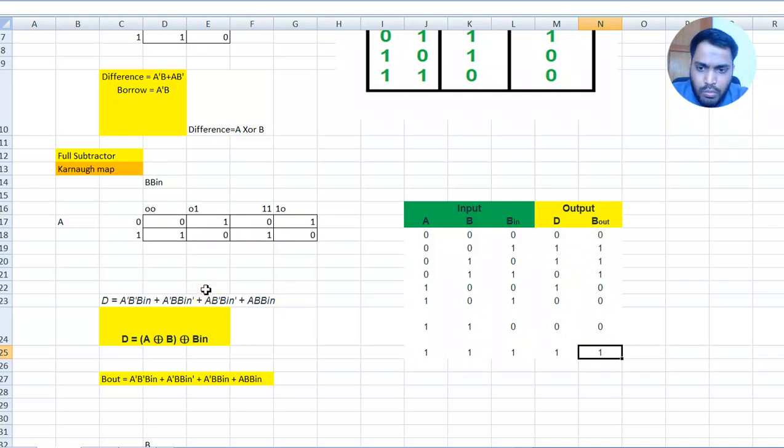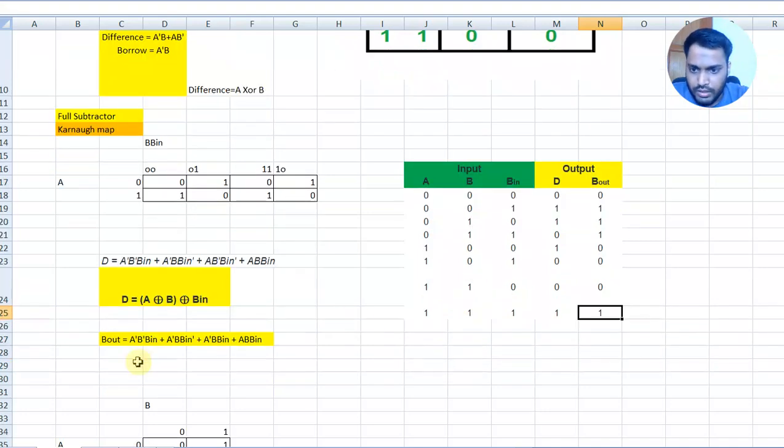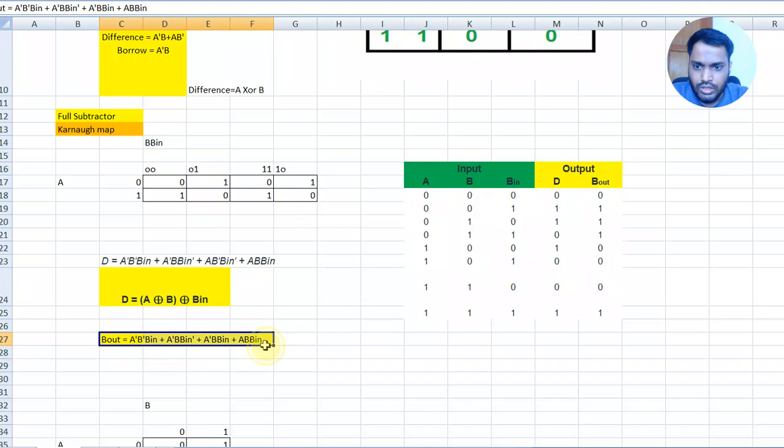When we draw a k-map, we will get 1 for these 4: 1, 2, 3, 4. So the equation will be a naught b in, a naught b in naught, a naught b in, and then a b in. When you simplify, this is the expression, just what I told you for borrow.